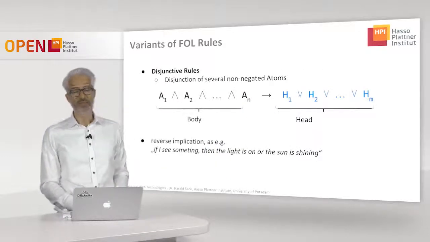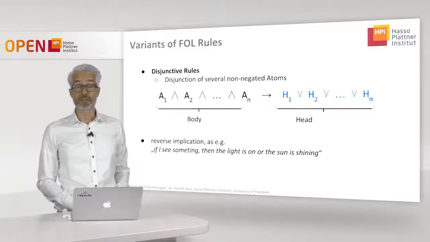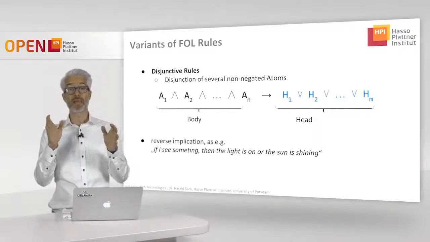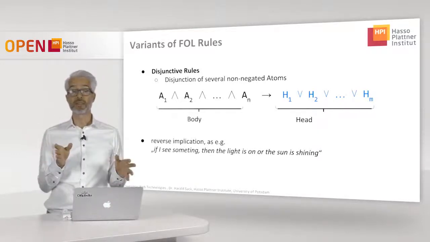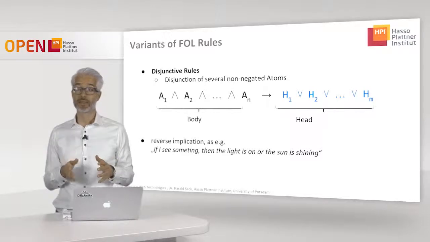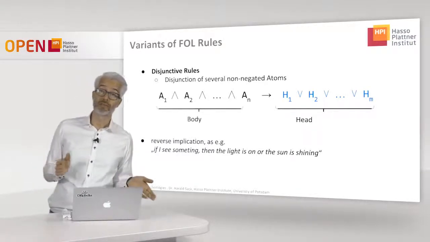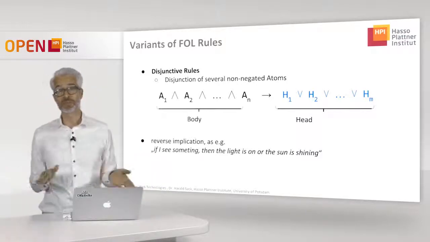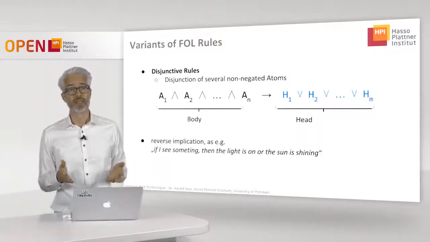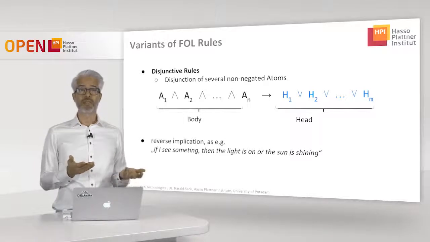Then there is a kind of special rules which are called disjunctive rules. There you have to consider a header where all the elements are not connected conjunctively but disjunctively. So the question is, how should this then be interpreted? This is kind of a reverse implication.